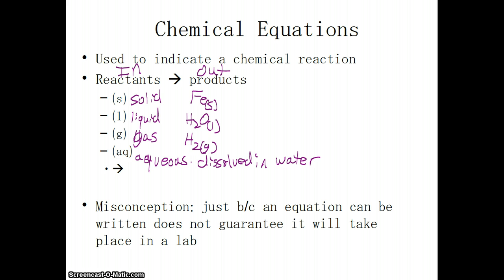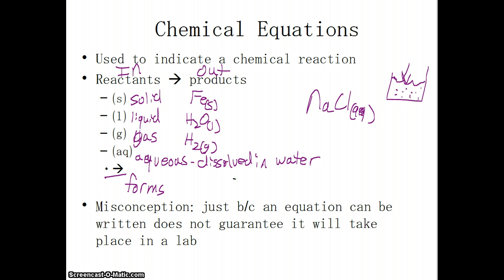So if I said NaCl aqueous, AQ, that would mean I had a glass of water or something, and I'd poured some salt in here. So we had sodium and chlorine running around. And then the final thing here, this little arrow, does not mean equals, it means forms.